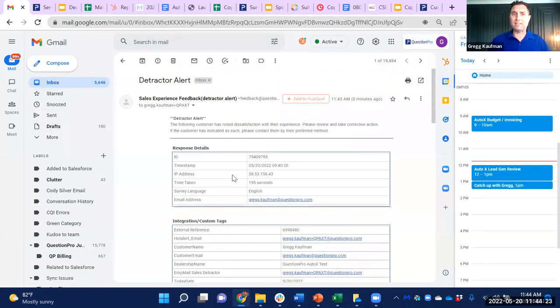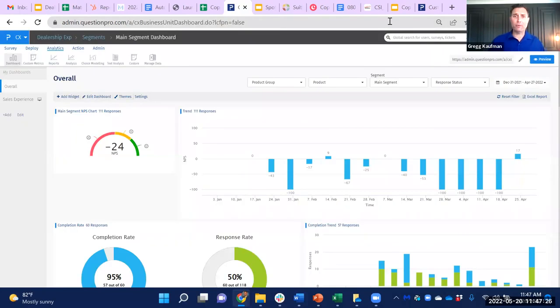Okay, so that is the survey and essentially the workflow for how everything works with DealerPulse. Okay, so now for a really quick demo on the back end for how the dealer would ingest or consume the insights that come from the surveys.